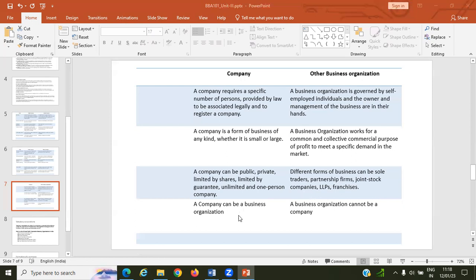A company can be a business organization. One company that is registered and following everything can be a business organization. But a business organization cannot necessarily be a company. So these are the main differences between business organization and company.